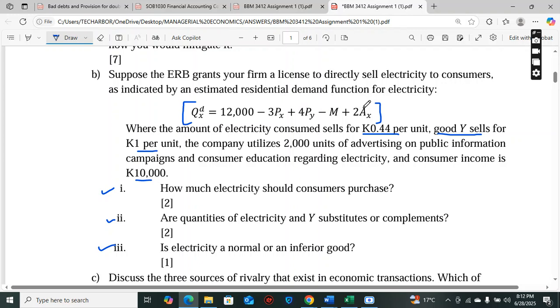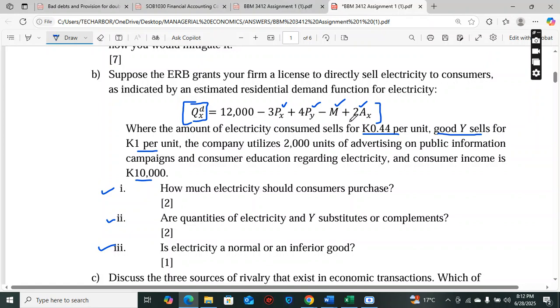So what this demand function is telling us is that the quantity demanded for electricity is dependent on the price of electricity, the price of good Y, consumers' income, and advertising. Those are the four variables the quantity demanded is dependent on.